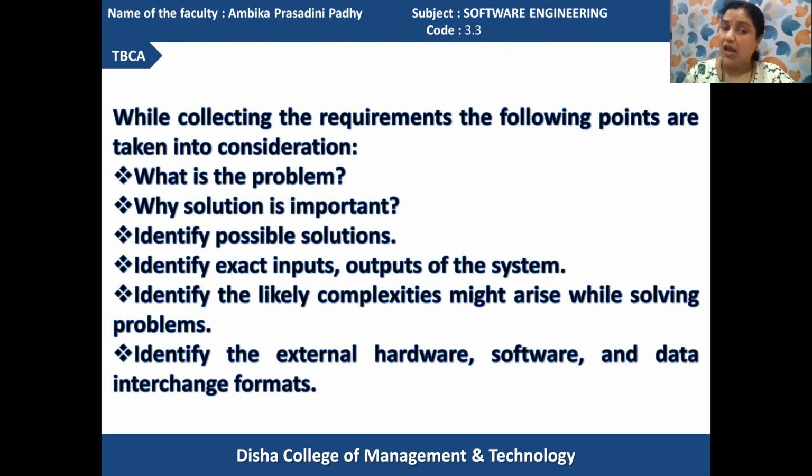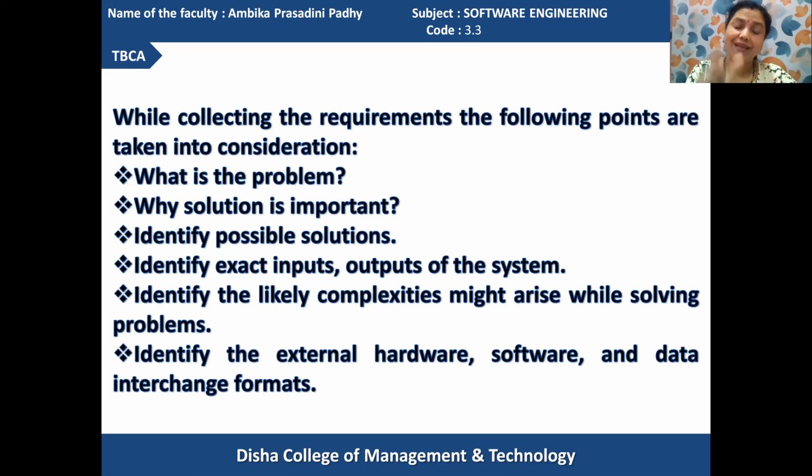Got it? And the next question is identifying possible solutions. For any problem, there are many solutions. Out of many solutions, one is the best solution. So which are the possible solutions? Out of those, which is the best solution to be applied for that particular problem needs to be properly understood. Got it?